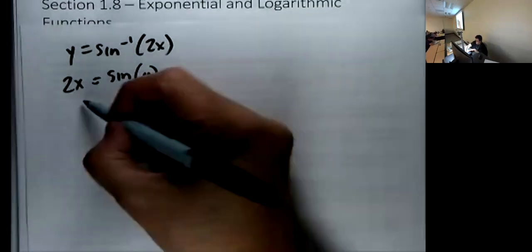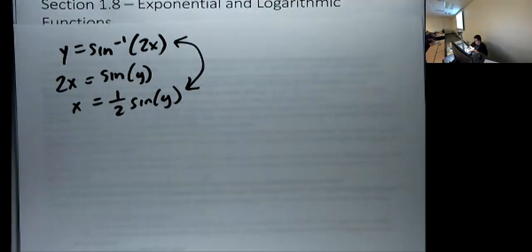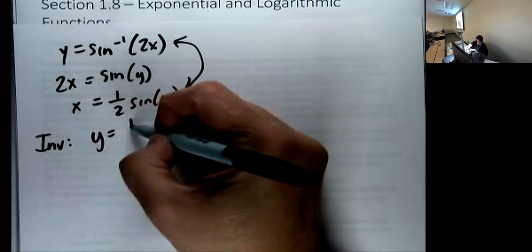So x equals 1/2 sine y. That's another way of writing this. The inverse of this is y equals 1/2 sine x. So when you do the inverse, you just swap x and y.